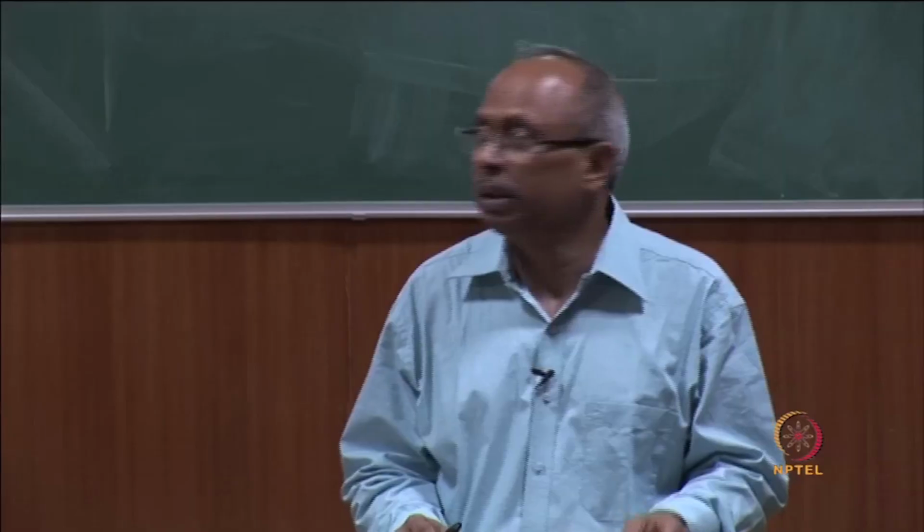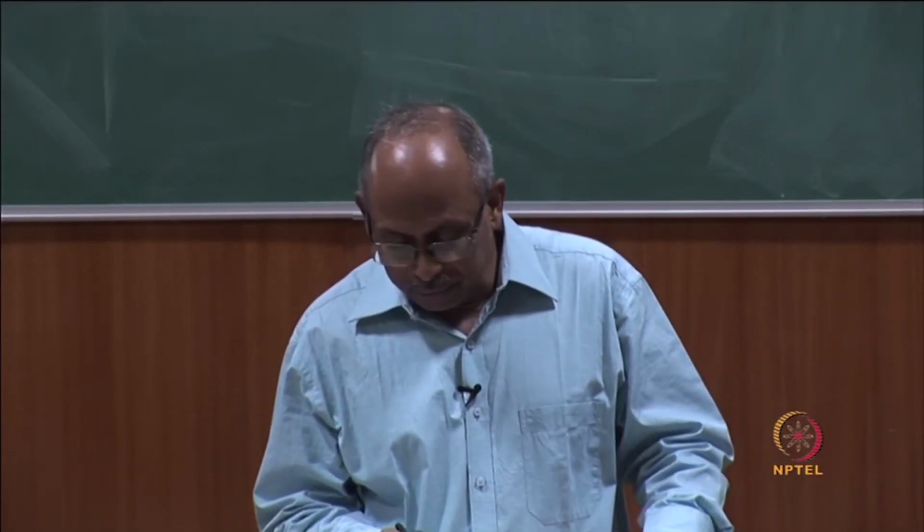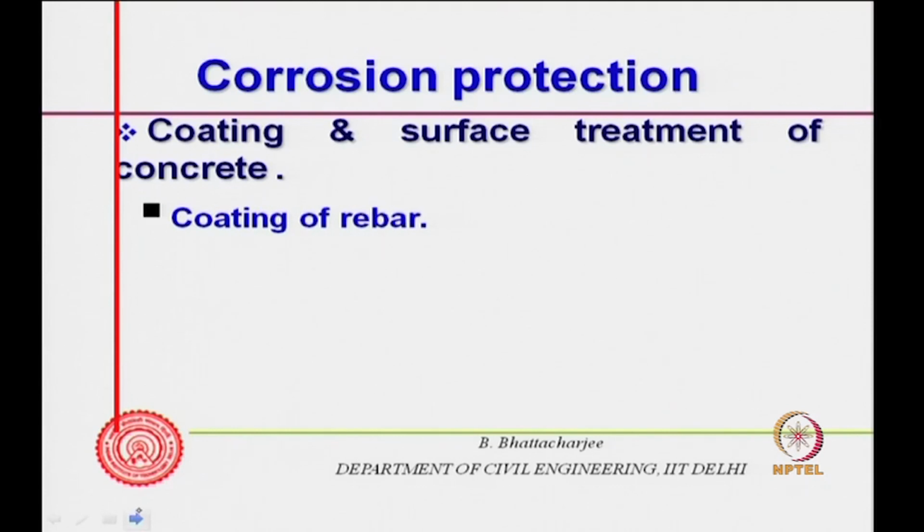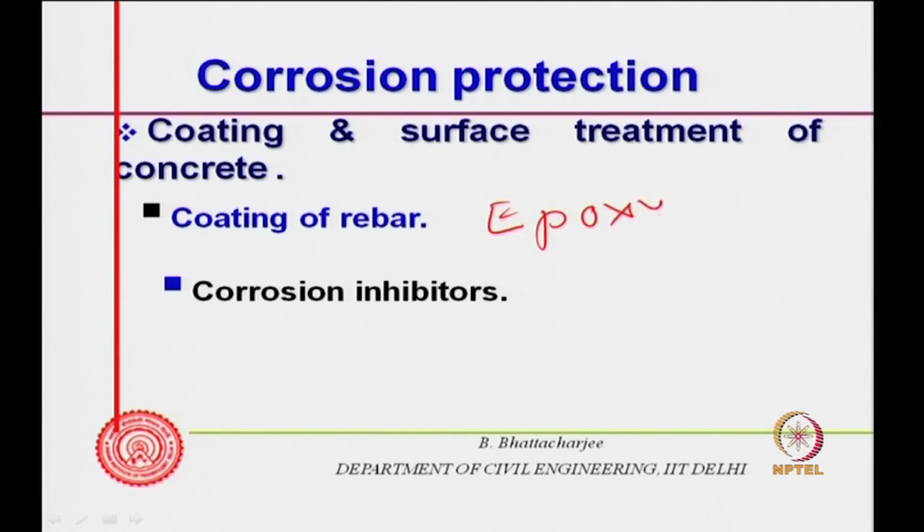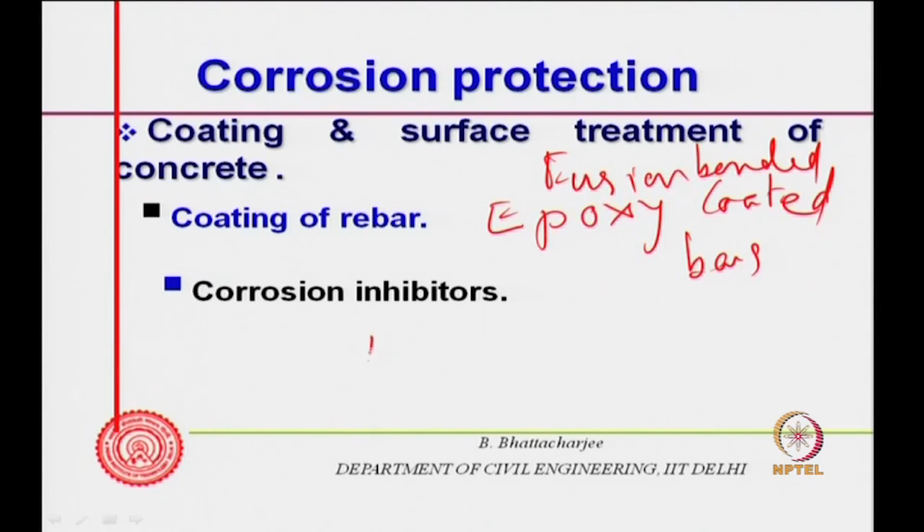Then coating or surface treatment of concrete, coating of rebar like epoxy coated bars, fusion bonded epoxy coated bars, corrosion inhibitors like sodium nitrite, molybdate, acrylic corrosion inhibitors. There are varieties of inhibitors which are available, but these are yet to be proven.